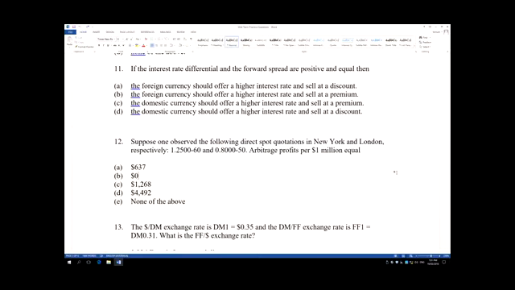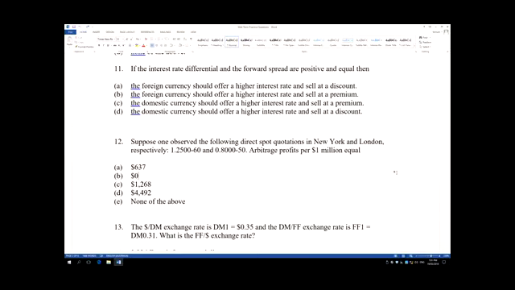So let's call the domestic one I and the foreign one I star, the interest rates, okay? 1 plus I star. So first of all, this is saying the interest rate differential, what's that? That's this part. The forward spread is this part, right?